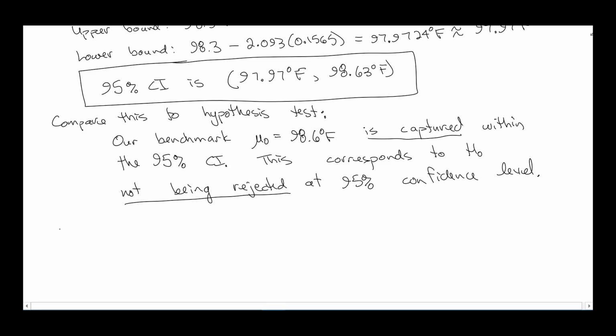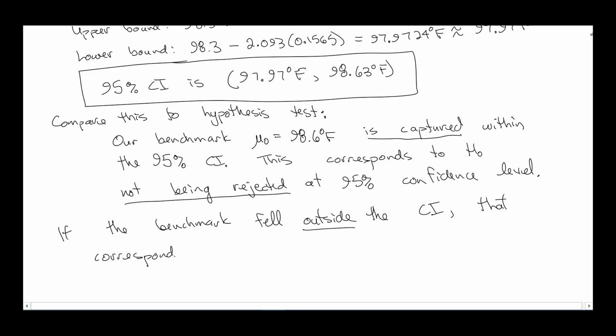Now, if the benchmark fell outside the confidence interval, so that is going to correspond to H0 being rejected.